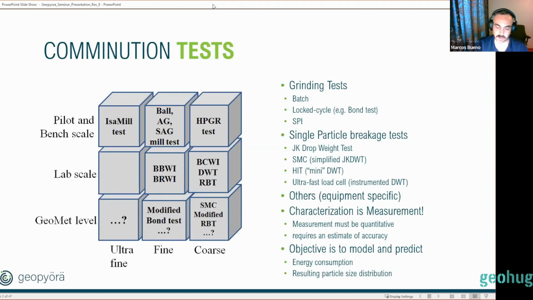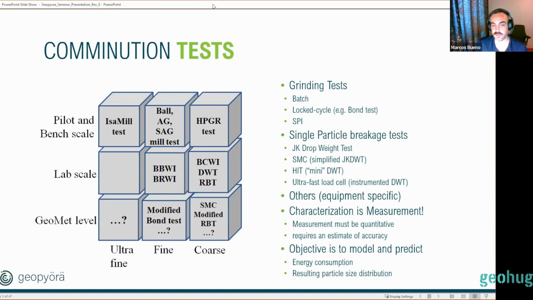And there are many others which are equipment specific, but anyway, the idea of using these tests is to characterize, to measure something about the relationship between energy and fragmentation in comminution. And then all these tests, most of them are not very appropriate for geomet.